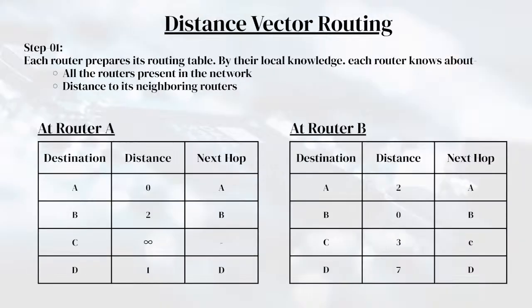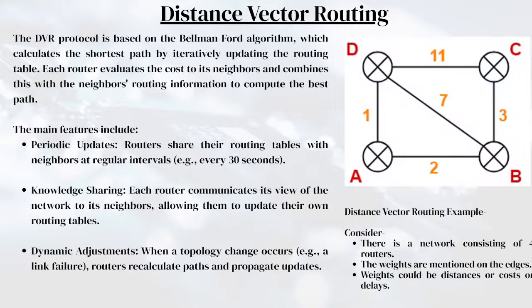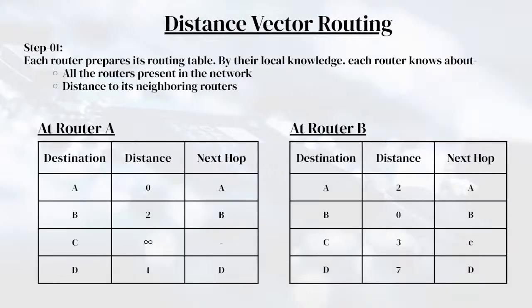Okay, so when there is a question about distance vector routing, again you will get an image like this, and accordingly they will ask you to calculate the shortest distance. For that, the first step is that each router prepares its own routing table. So we are preparing its routing table.